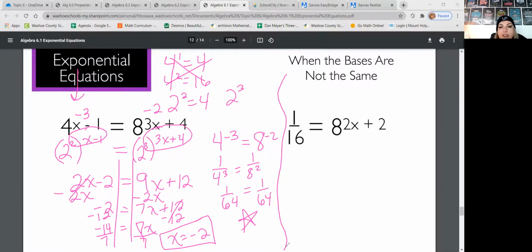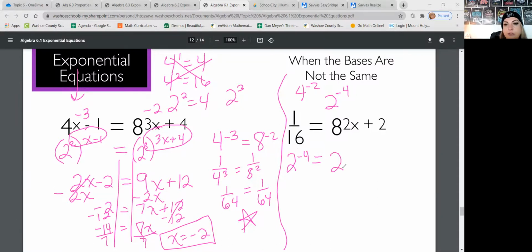On the right side, you have 1/16. Remember that this is actually 4 to the power of -2. But again, we're stuck with a base of 4 and a base of 8. So we want to use a 2 again, instead of trying to write it in terms of a 4, because it won't be possible to make 8 that way. So we can say that this 1 over 16 is 2 to the power of 4, so this is 2 to the power of -4.